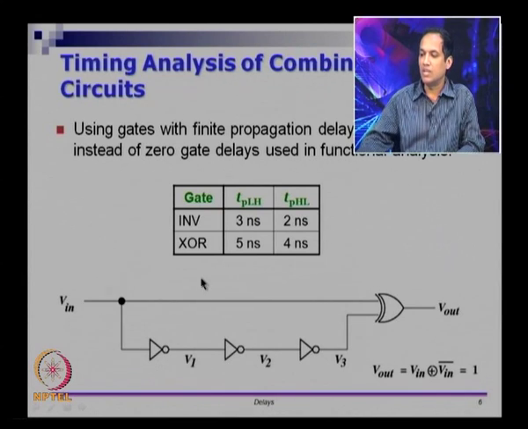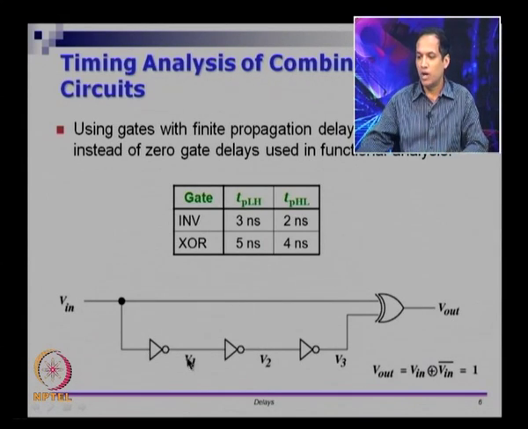So let us assume that you have a circuit like this. I give you a circuit V in and there is V out, and what I have done is I have taken V in, I have given it to an XOR gate, and I have given 3 inverters here and so on. If I do something called basic functional analysis, I want to derive V out in terms of V in as an equation.